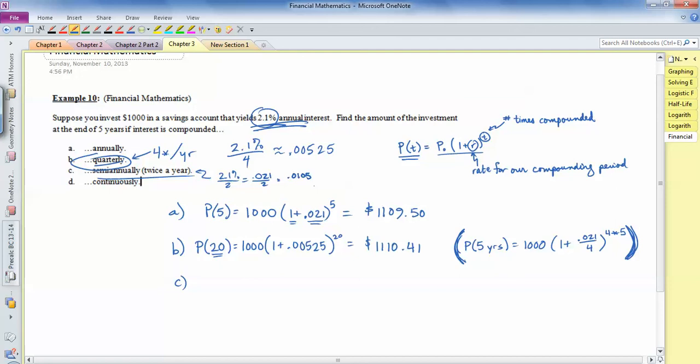Twice a year is what my rate is. So, since I'm doing it for 5 years, twice a year, I'm going to compound 10 times. So I've got 1,000, 1 plus my rate for that compounding period. And then I'm going to compound 10 times. So if I type that in, let's see, 1,000 times 1.0105 all to the 10th.